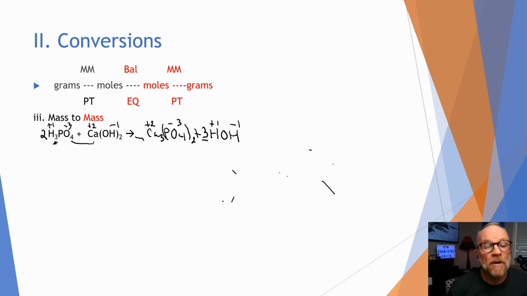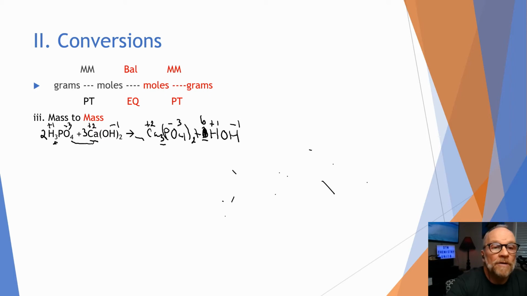Now it'd be tempting to go back and try to adjust hydrogen, but we need to go all the way through first one time and then go back and double check. So we have 1 calcium on the reactant side, we have 3 on the product side, so we'll need to put a 3 there. 3 times 2 is 6 hydroxides, so we'll have to change this coefficient to a 6.